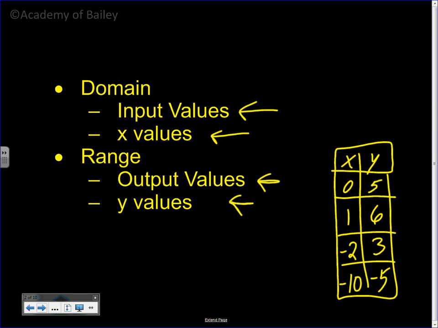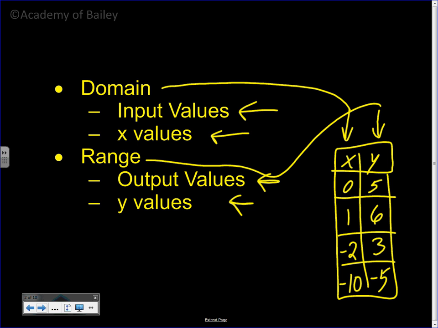Let's say we have this function here. Well, since this is the x values, it's also the domain, and since this would be the y values, that would be the range. Let me draw a straighter line here. So you have input values and you have output values, the x and y's.